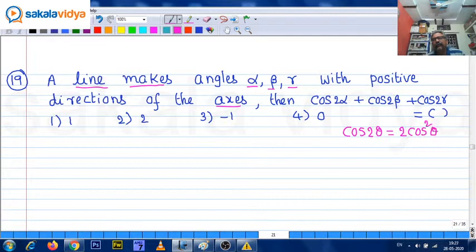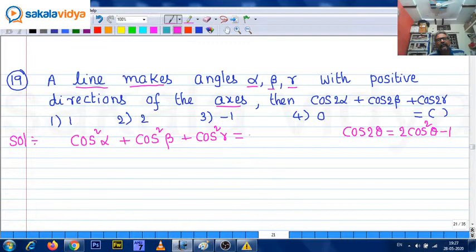This is from multiple and submultiple angles, which we have discussed. Since a line makes angles alpha, beta, gamma with the positive coordinate axis, we know the relation cos square alpha plus cos square beta plus cos square gamma, that means l square plus m square plus n square, equals 1.